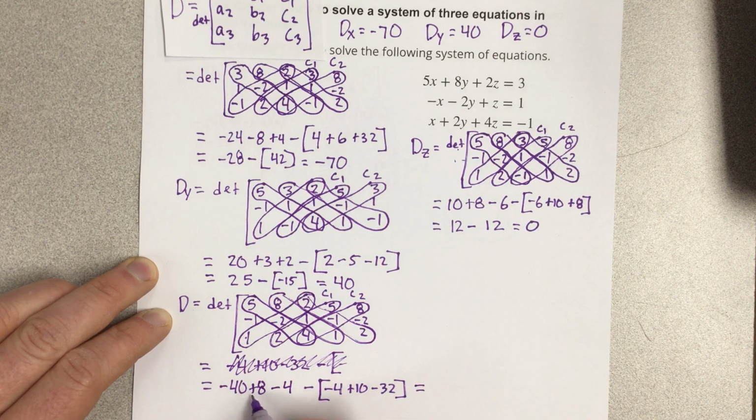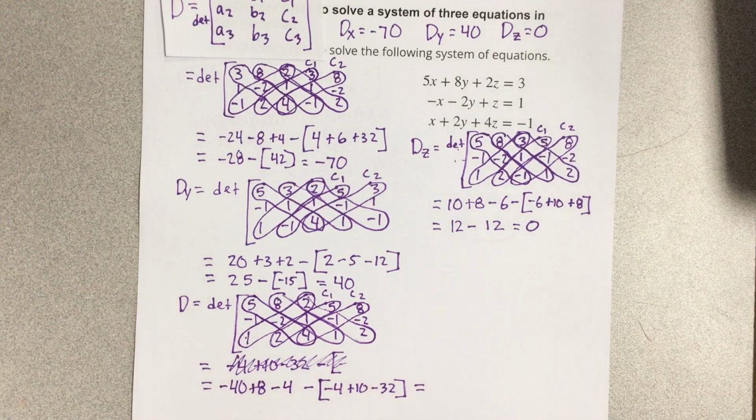So you end up with -36 minus, if we add these together, that'd be -36 plus 10 would be -26. So it's -36 plus 26. So we should get -10. And that's what D would equal.